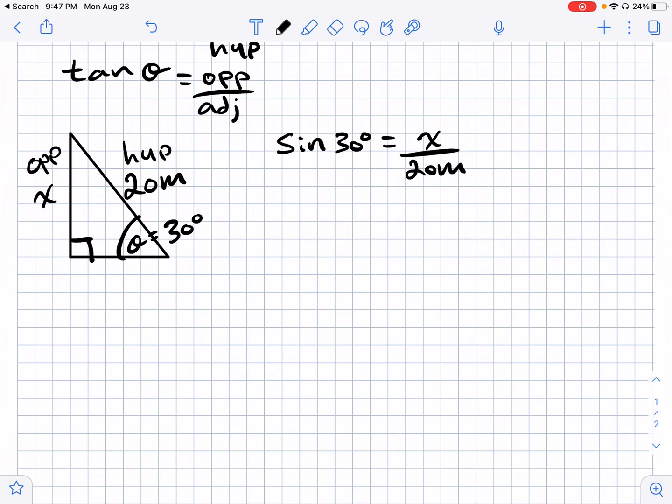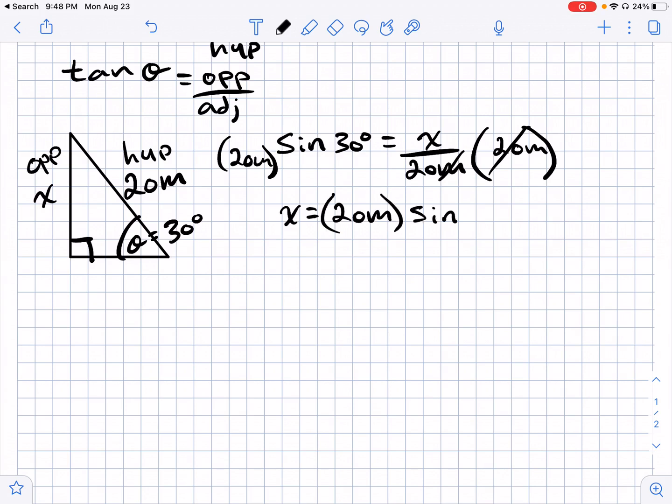And so now we're just going to solve for x. We're going to use those problem-solving skills that we learned previously. So we're going to multiply both sides by 20 meters. And that cancels it out on the right side. So x is just equal to 20 meters times sine 30 degrees.